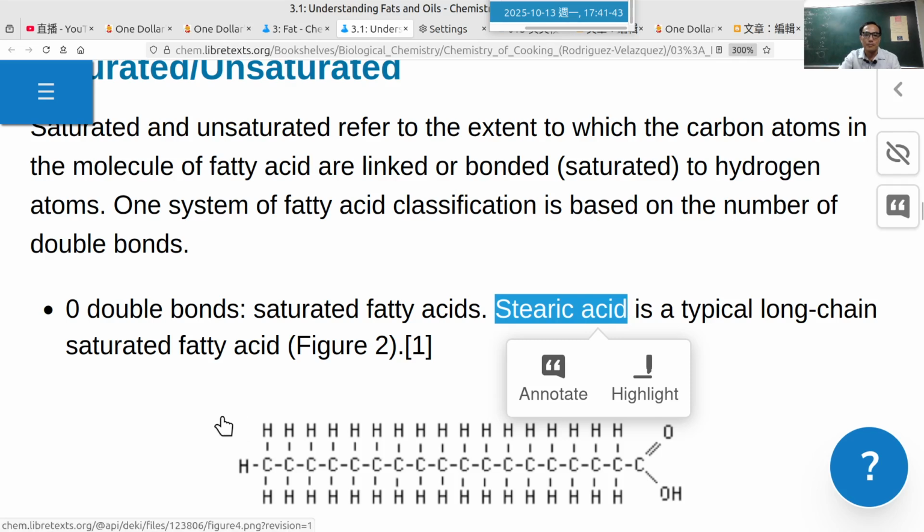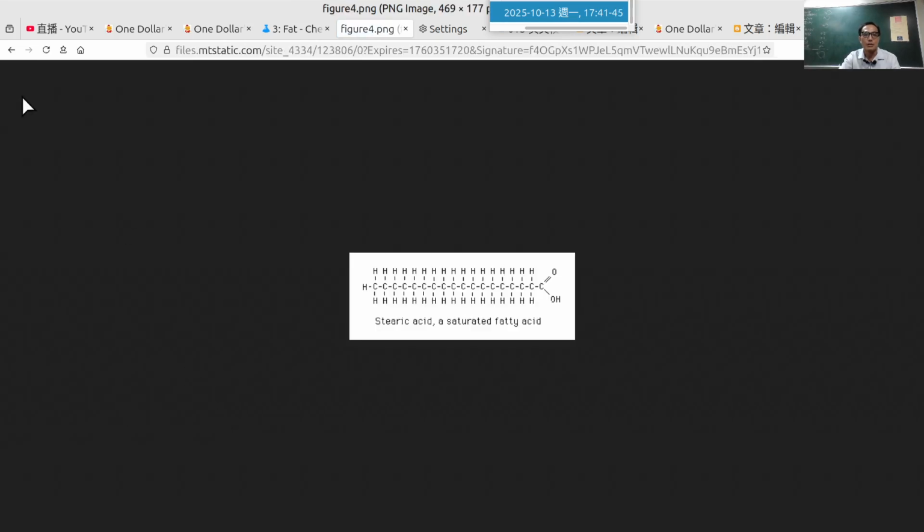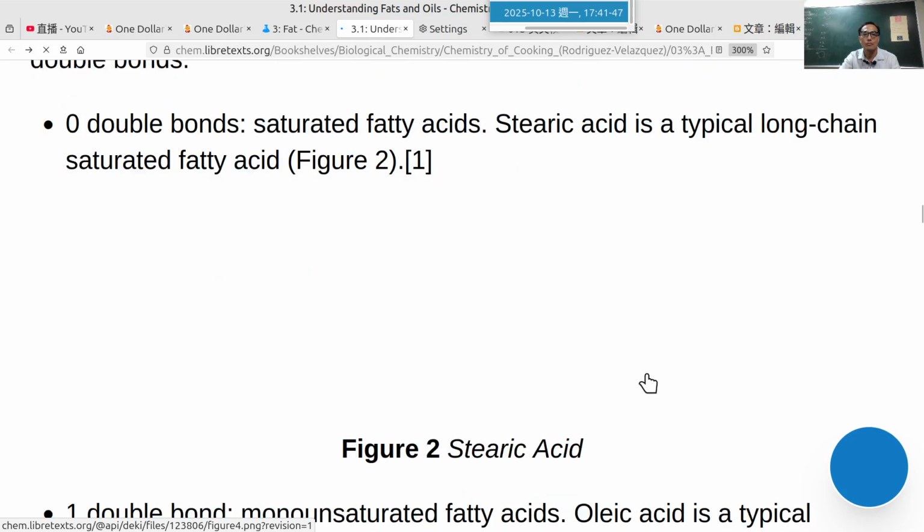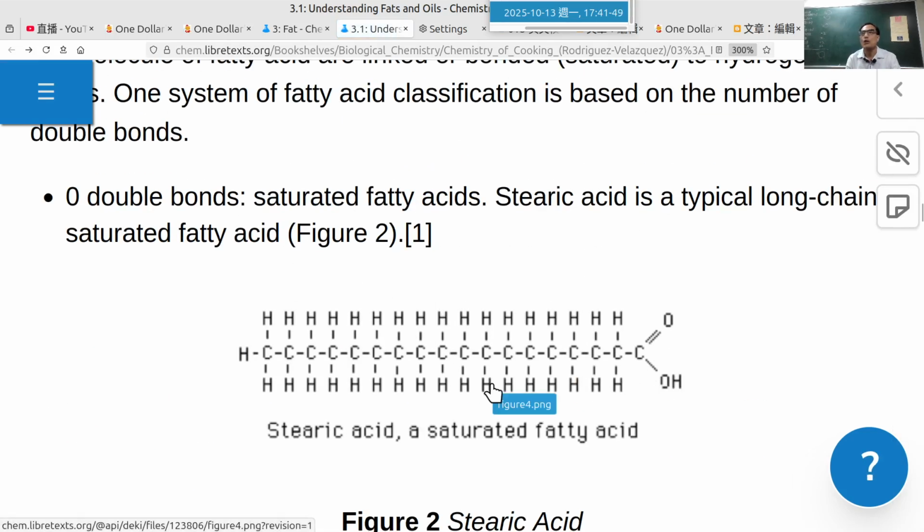And here the structure. There are 1, 2, 3, 4, 5, blah, blah, blah. Here this one. There are 18 carbon atoms in a molecule, and you can see, except that this is functional group, except this one, all bonds.